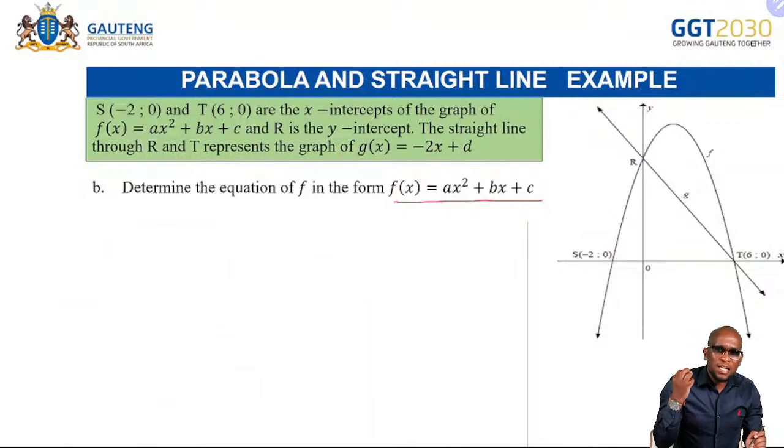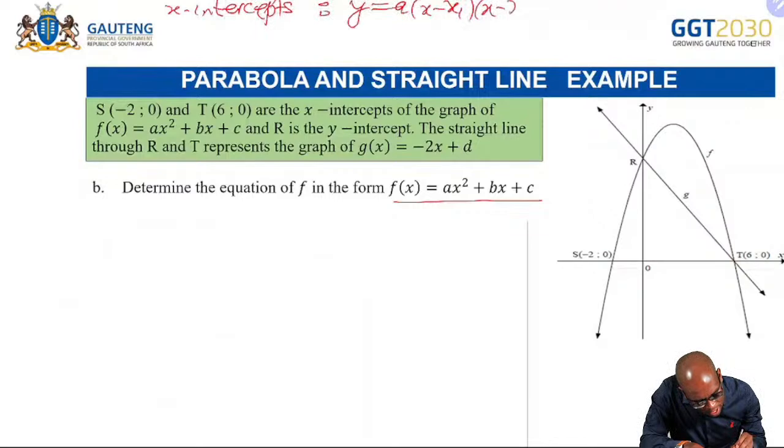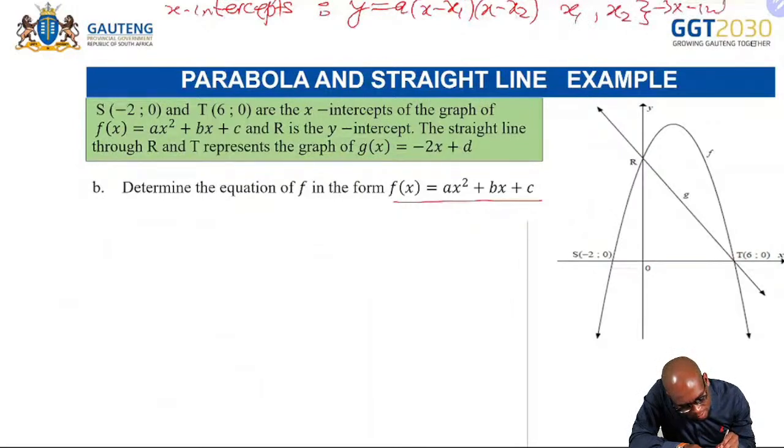If the x-intercepts are given, then you're going to use y is equal to a into x minus x1, x minus x2, where x1 and x2 represent what now? The x-intercepts.